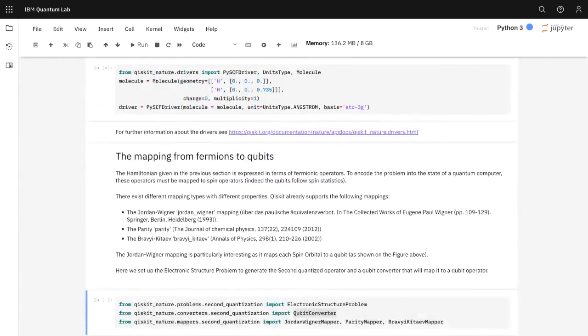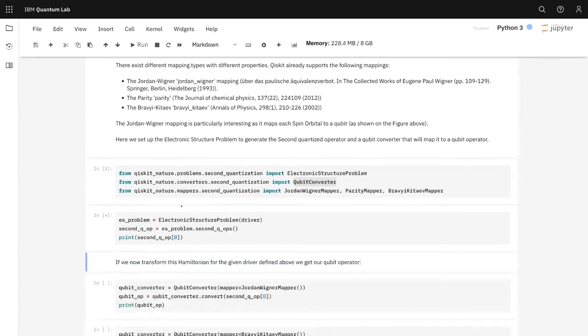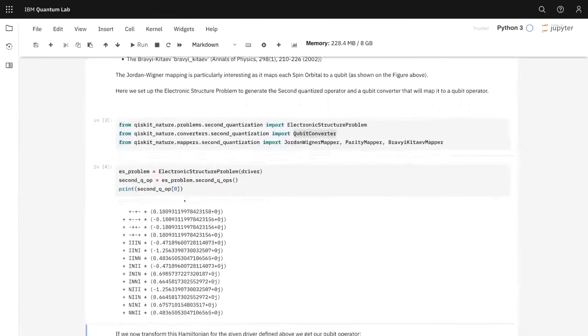So you run all these imports, and here you have the second quantized operator, where you have printed the coefficients that depend again on the molecular and nuclear distance, and these are a and a dagger creation and annihilation operators.